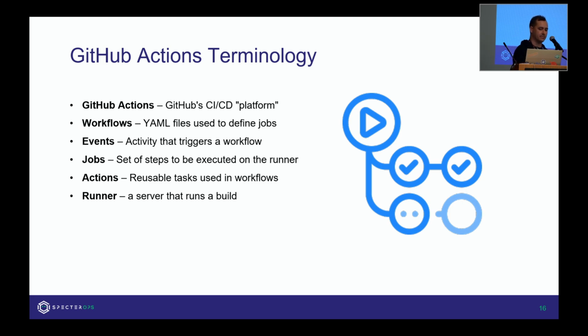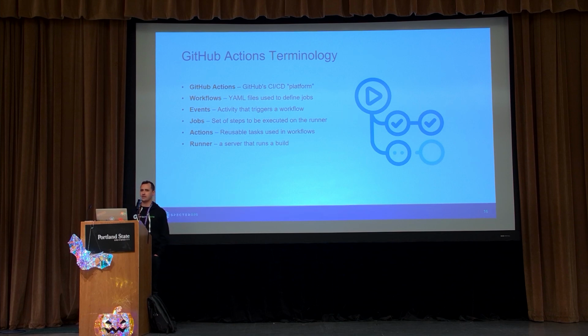We also have jobs. Now, this is going to be a set of steps, and the steps are the things that are actually performing something. Now, this could be a shell script, or this can be an action. An action is actually a separate repository containing code which should execute in a sort of repeatable way. So these are meant to help developers throughout the process.